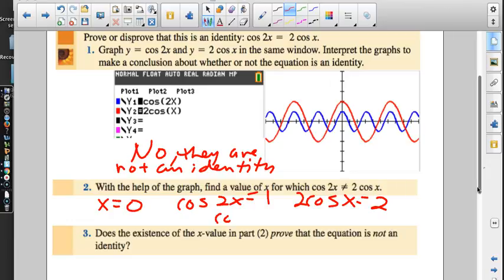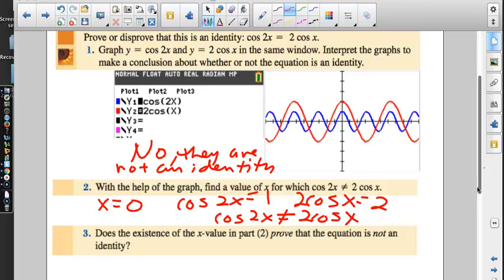So we might just take one step here where we go, cosine of 2x is not equal to 2 cosine of x to make it really, really clear. Two separate equations don't give us the same y value. So 3 says, does the existence of the x value in part 2 prove that the equation is not an identity? That's not proof. It's called a counterexample.